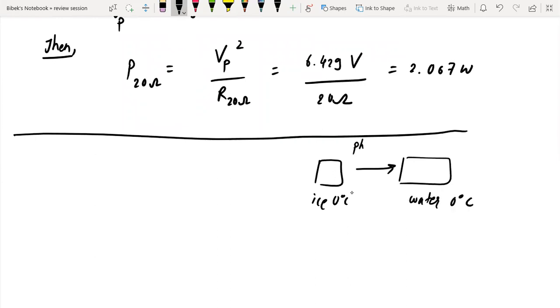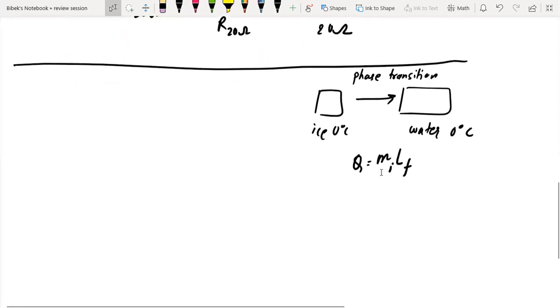It's a phase transition. So how much heat is supplied for this? That's the mass of the ice times the latent heat of fusion, and the latent heat of fusion is given to you. You only need to find the rate at which the mass of the ice, Mi, is decreasing, okay?